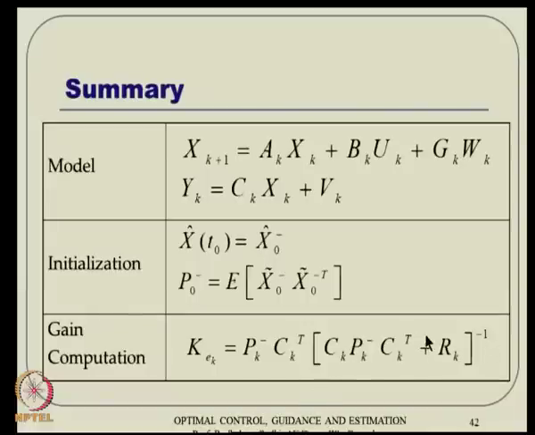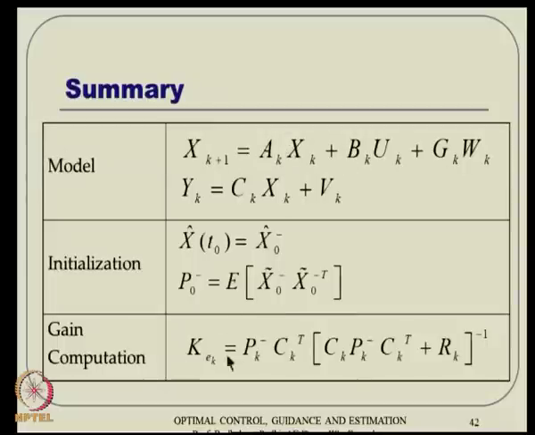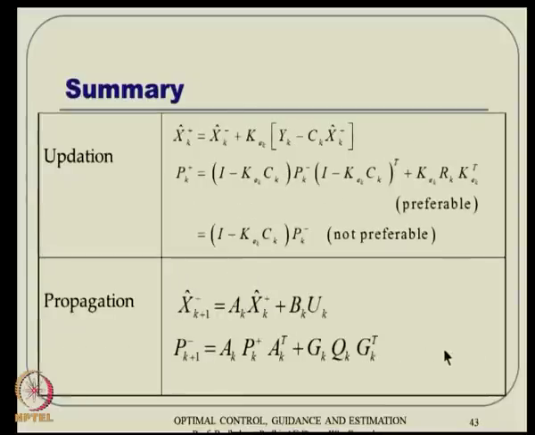So, evaluate that, but soon we have to update it actually. Using this K_k we update this state equation in this form, and here is where the measurement will come and help us. So, this is the Kalman gain computation part. Then we will use that for update, and we update both.